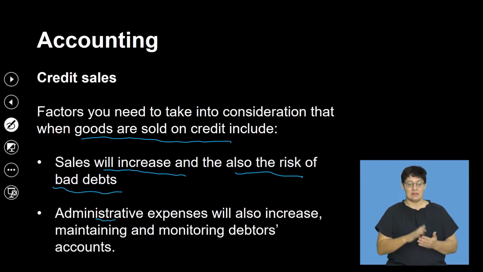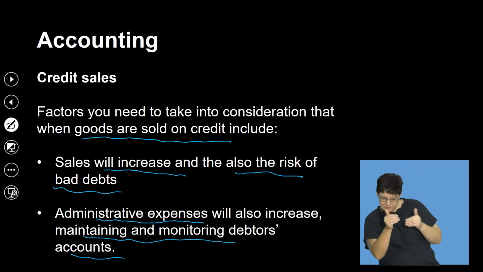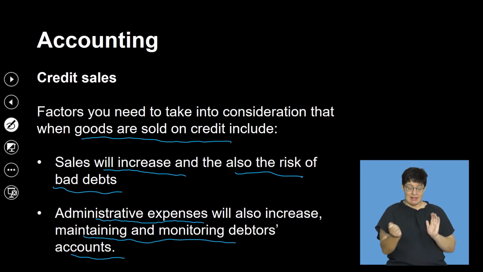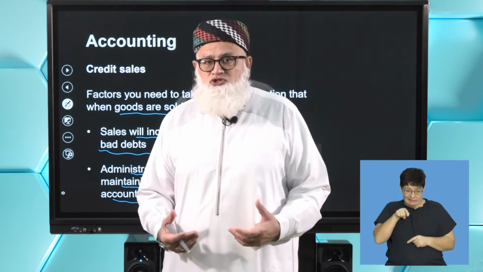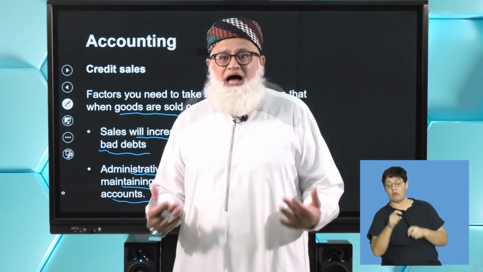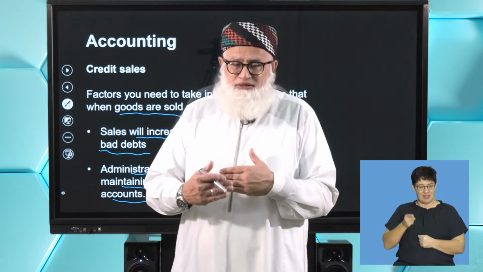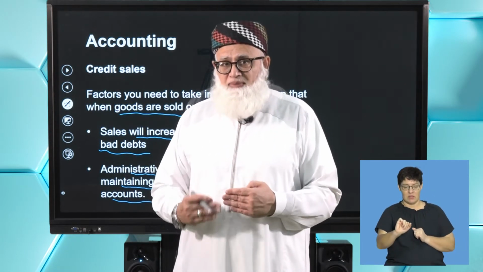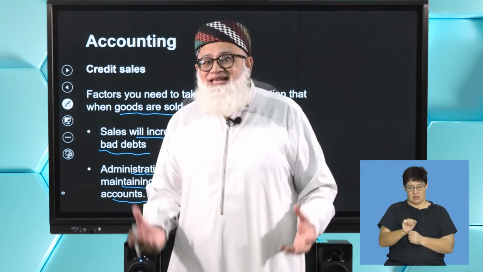Also, with credit sales, you're going to have an increase in your admin expenses. Like what? You'll also have to maintain and monitor the debtor's account. So, meaning, once you sell on credit, you'll now have to establish a credit department, which will take into consideration and control our debtors to ensure that everything that needs to be done with those that are buying on credit, all the items and all the procedures are taken care of.